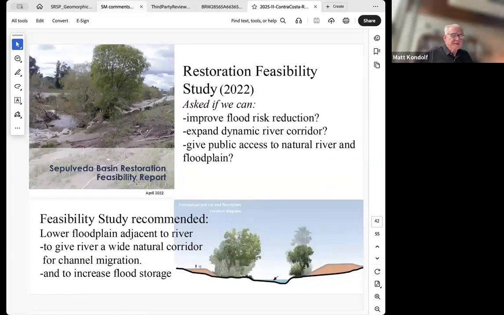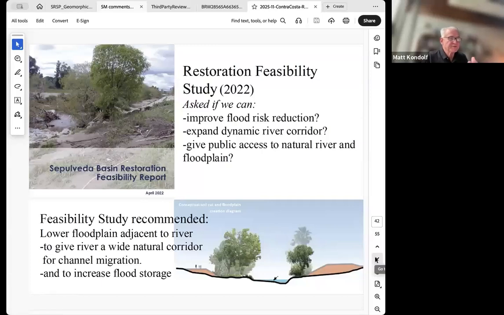The River Project, led by the late Melanie Winter, undertook a restoration feasibility study for Sepulveda in 2022, asking the question, can we improve flood risk reduction? Can we expand a dynamic river corridor and give public access to the natural river and floodplain? Most important recommendations from this included lowering the floodplain adjacent to the river, giving the river a wide natural corridor for channel migration, and also it would increase the flood storage.